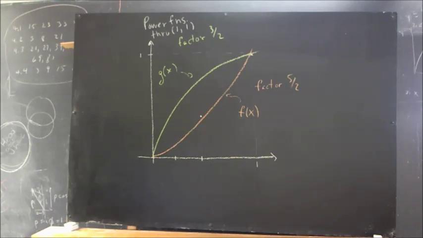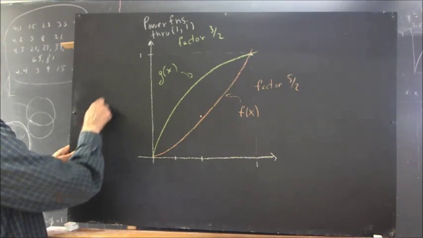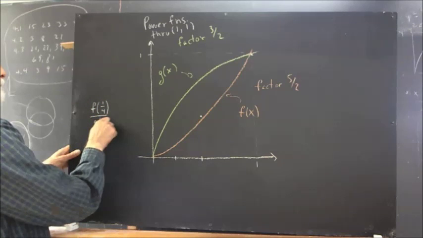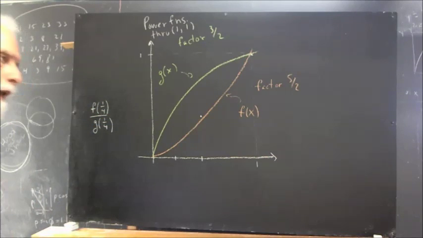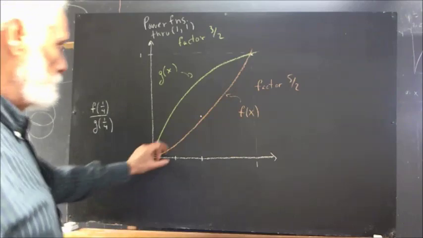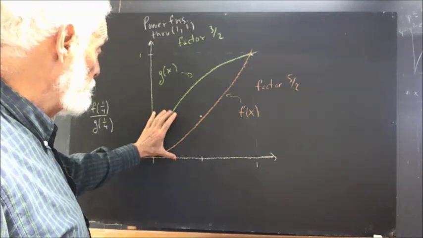Okay, eventually I ask you for things like the values of f of 1/4 divided by g of 1/4. Well, f of 1/4 turns out would be, here's 1/4, would be about this, g of 1/4 would be about this.